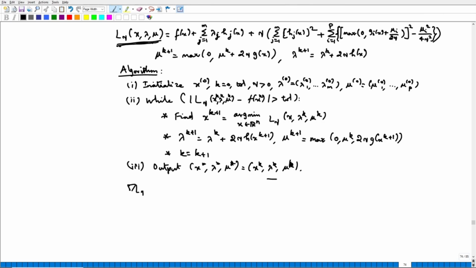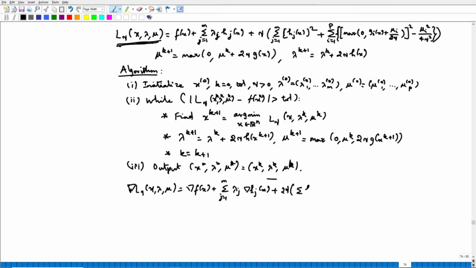So the gradient of L gamma of x, lambda, mu is del f of x plus the summation of lambda j del h j of x, from j equal to 1 to m. And now for h j you will have 2 everywhere, so I will pull the 2 outside.